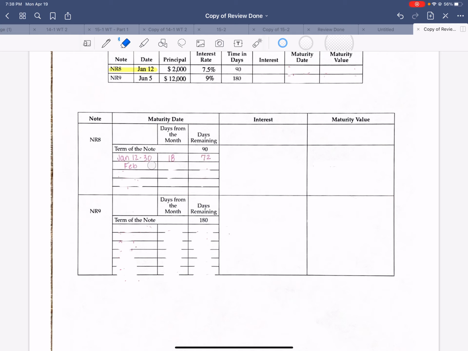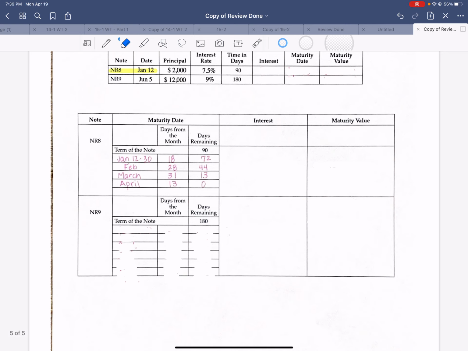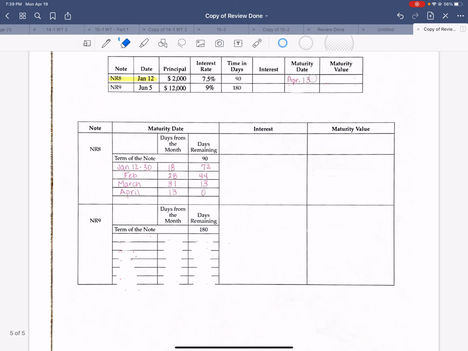Then we have February, 28 days. 72 minus 28 is 44. March, 31 days. 44 minus 31 is 13. And then we have April, 13 days, down to 0. So for this one, our maturity date is April 13th.